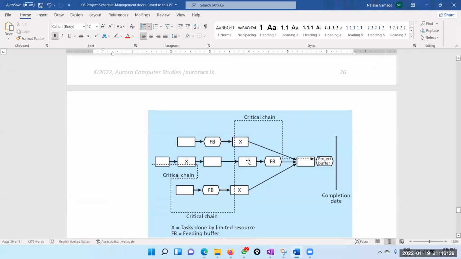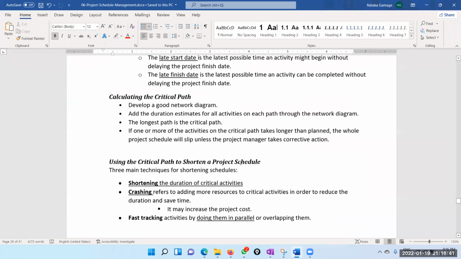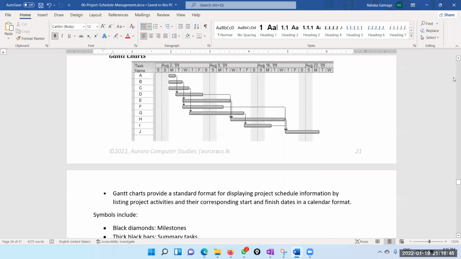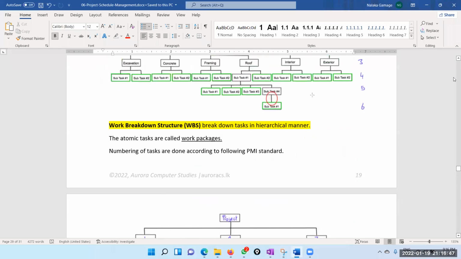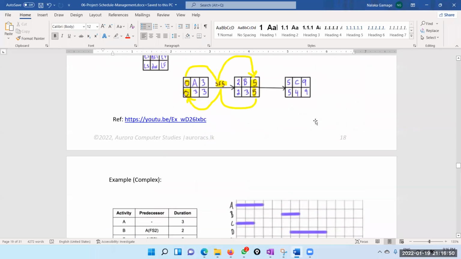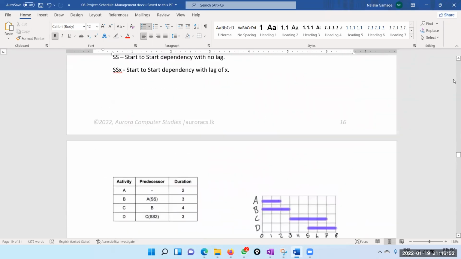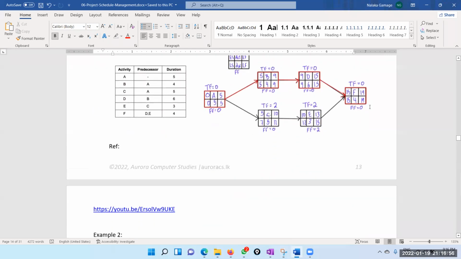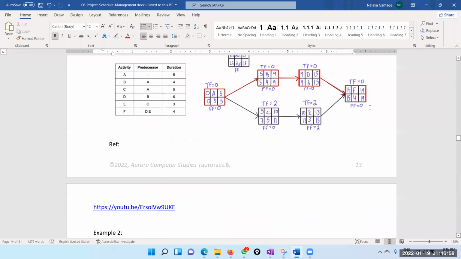Say we have something like this. Right. Now this is the critical path. Okay, this is the critical path.